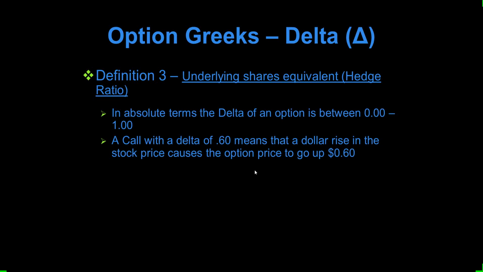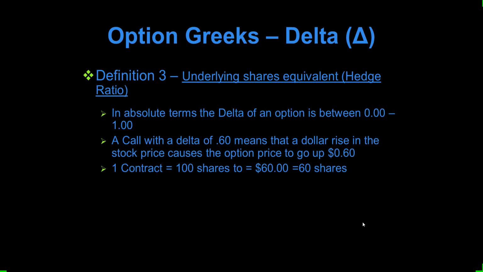So in this case, delta of 60 means that for every $1 move up, the option contract gains 60 cents. So how do you equate that to shares? One contract equals 100 shares, so it's $60, or 60 shares.